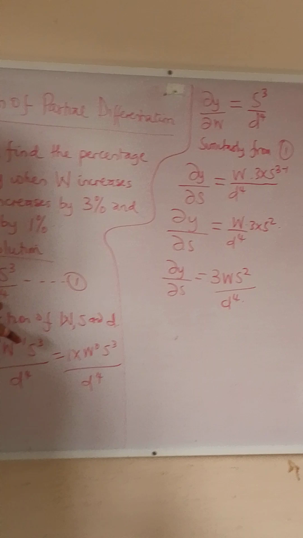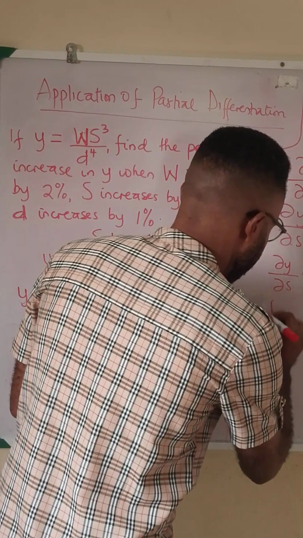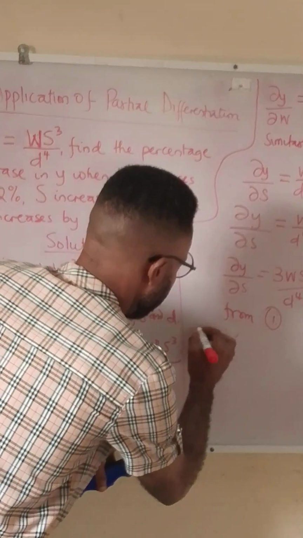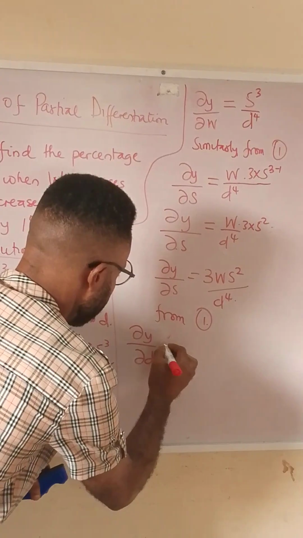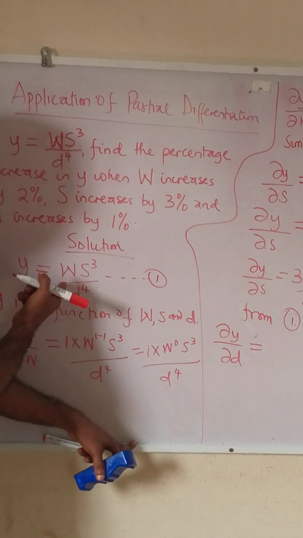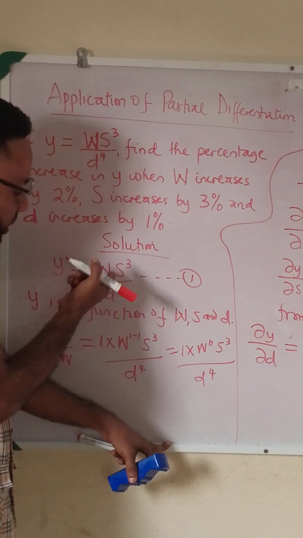So we now differentiate y with respect to d from equation 1 again. So the partial derivative of y with respect to d will be, now we know that this d is divided, it is down.